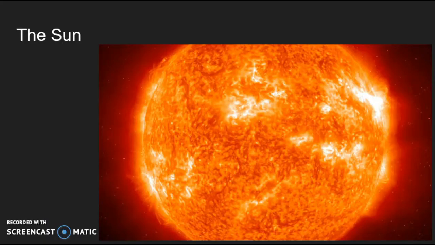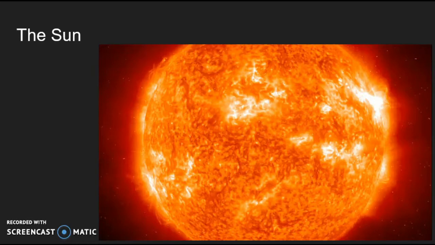So the closest star to us is our sun. And if you look in the background of this picture, you can see all those little specks. I just want you to visualize that each one of those specks is also a star. If we were to fly the millions of light years towards them, this is what they would look like, or something like this. They would be this big, fiery, burning gas ball thing.